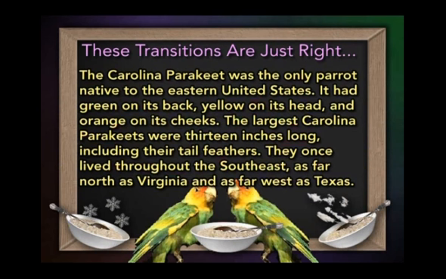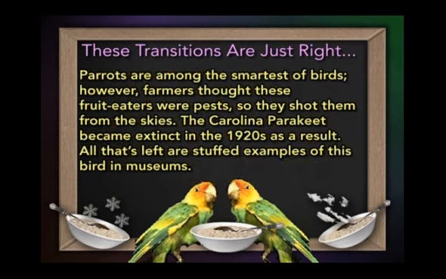They once lived throughout the southeast, as far north as Virginia and as far west as Texas. Parrots are among the smartest of birds. However, farmers thought these fruit eaters were pests, so they shot them from the skies. The Carolina parakeet became extinct in the 1920s as a result. All that's left are stuffed examples of this bird in museums.